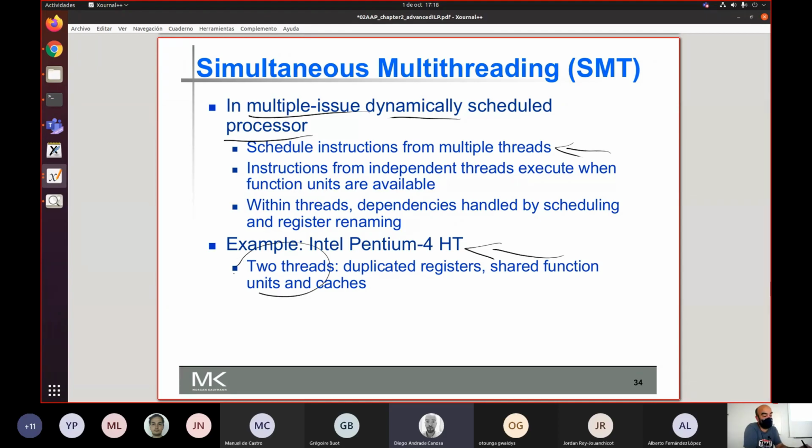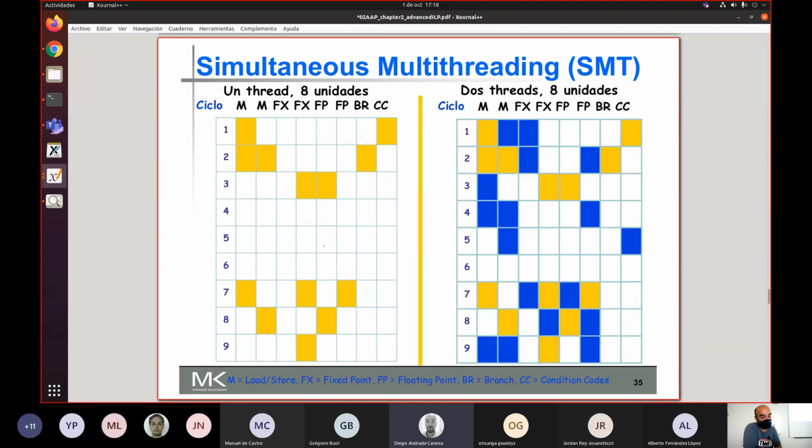So this is a graphical representation of the idea of simultaneous multithreading. In simultaneous multithreading, you issue concurrently instructions from different threads, not only from the same thread. That is what we were doing at the beginning of today's class, but now also from different threads. So this is the situation that we had 20 minutes ago.